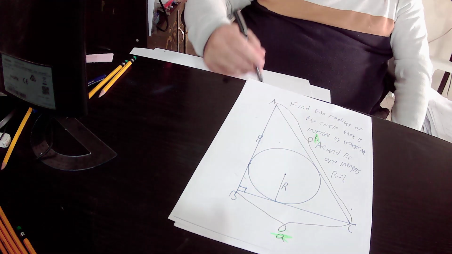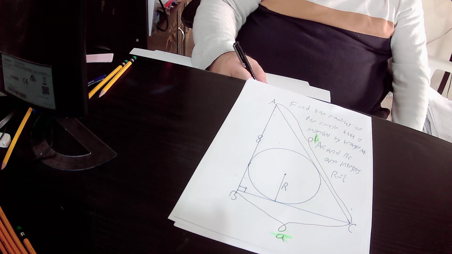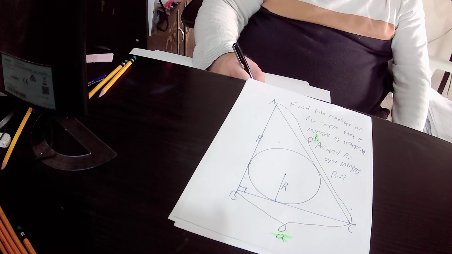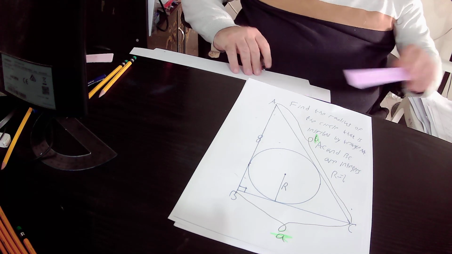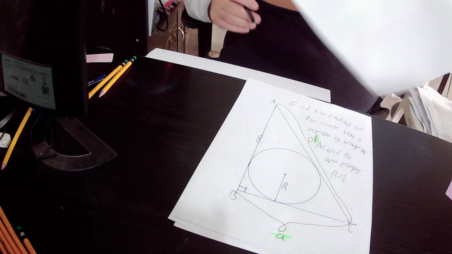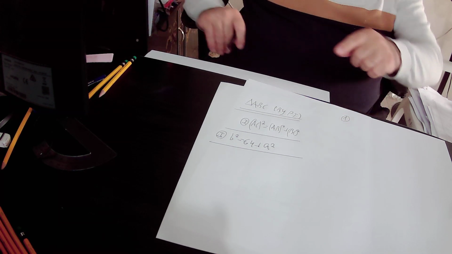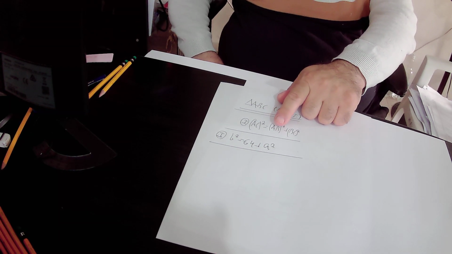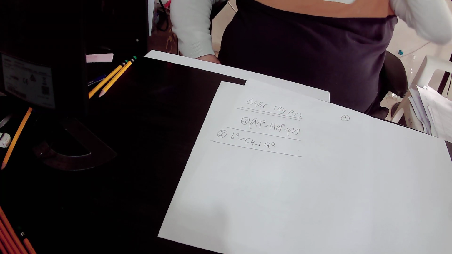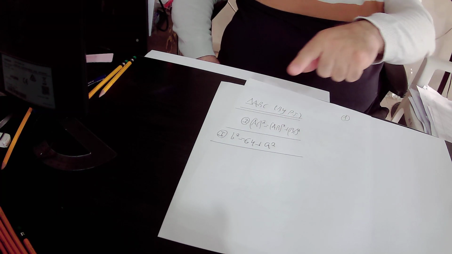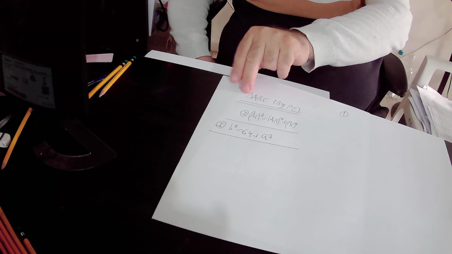BC equals A according to definition, therefore BC square is A squared. So in conclusion, according to equation number 1, we found out that B square equals 64 plus A square. Here we subtract A square from this equation, equation number 1.